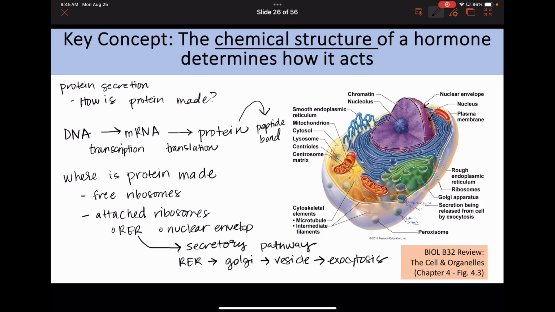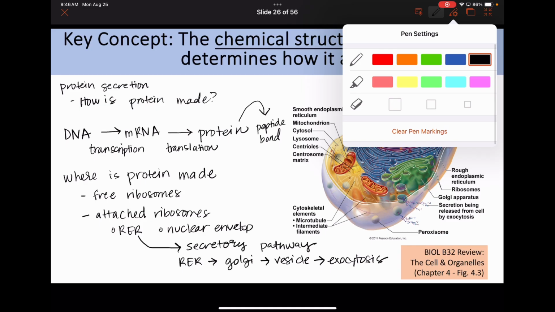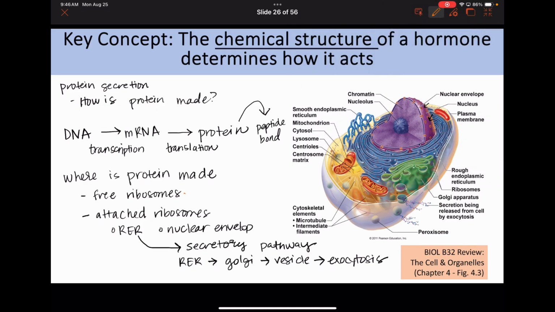Okay, so as far as the free ribosomes versus attached ribosomes, free ribosomes make protein for cell use. So the free ribosomes are going to make proteins that stay inside that cell, do not leave. The attached ribosomes make proteins for export that follow that secretory pathway.